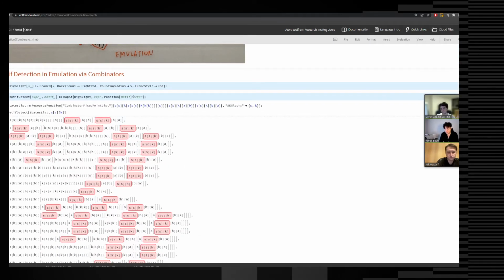This was one of the examples that we did. Yeah, sure, right. But if you take any arbitrary Boolean expression, because the functions and the true/false values can all be emulated in terms of S and K, this can just be SK all the way down. So I would recommend doing that, because if you do it with A's and B's, yes, you're going to find that there are large unhighlighted regions.